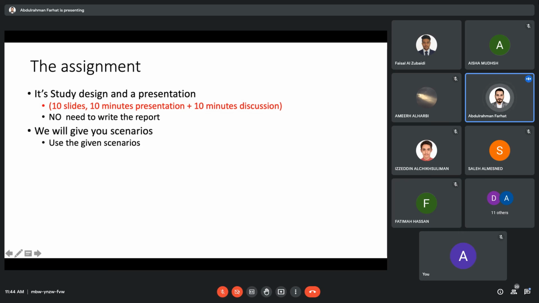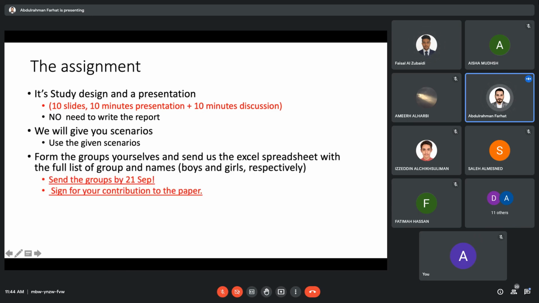So we will give you the scenarios. Use these given scenarios to make your study design and presentation. You will form the groups yourselves and send the Excel spreadsheet with the full list of groups and names. So a separate Excel sheet for boys and a separate Excel sheet for girls. Form groups composed of how many students?